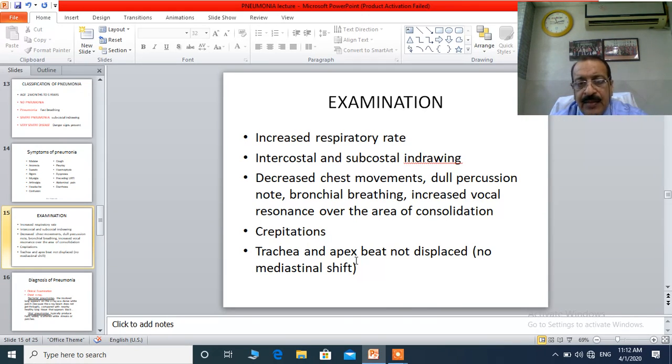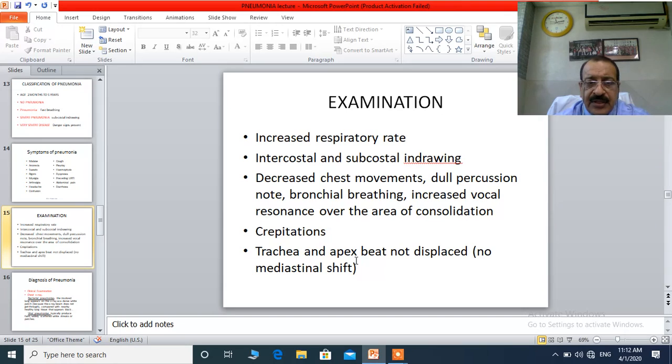Remember one thing: in a normal child we can hear bronchial breathing over the trachea, and when there is consolidation of the lung, this bronchial breathing is directly conducted to the chest wall, so we will hear the bronchial breathing on the chest wall. At the same time, the vocal resonance will be increased.